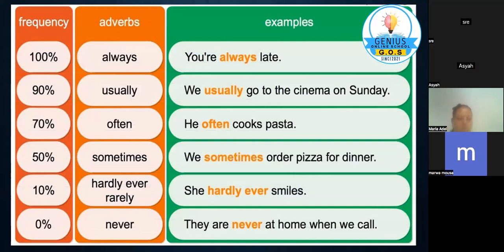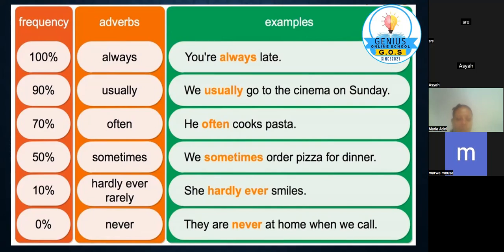Here are the adverbs of frequency. Like you see here: always, usually, often, sometimes, hardly ever or rarely, the same, never. And there is a percentage for using each of them. Always means that action happens every day. Usually, 90%, often 70%, sometimes 50%.